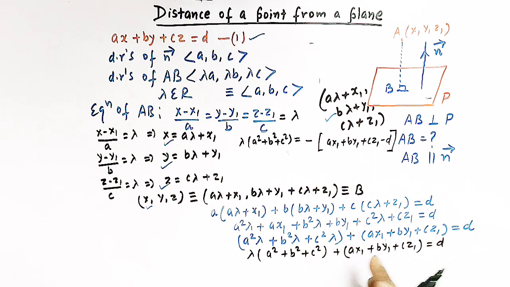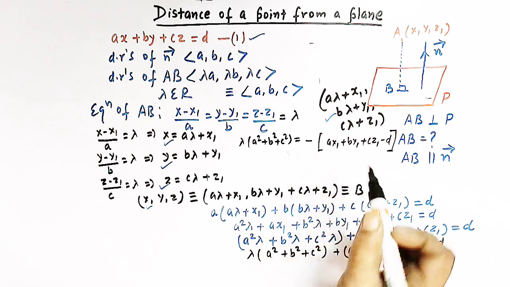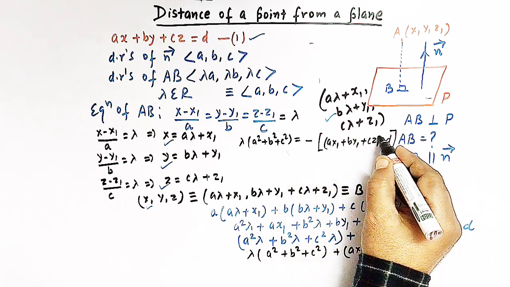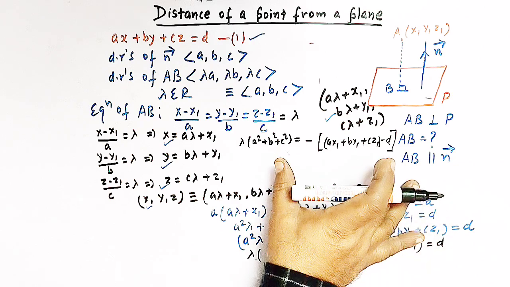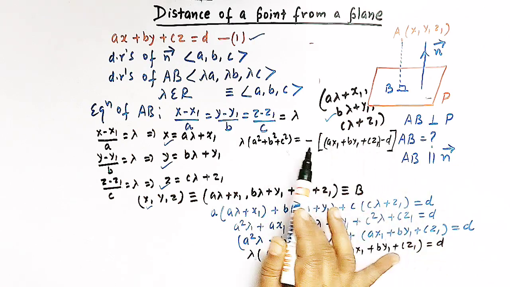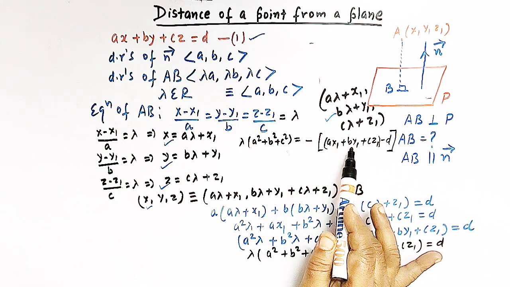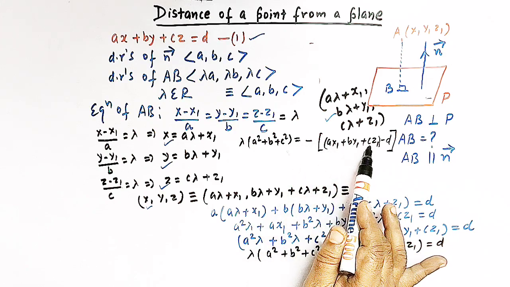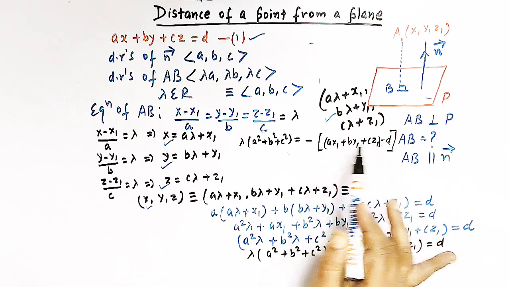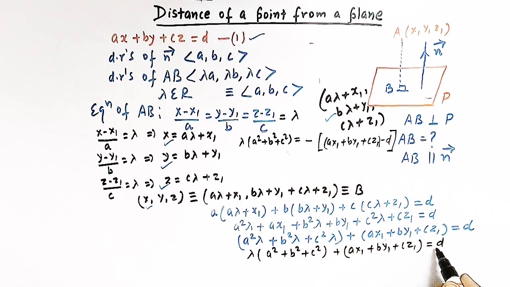So taking this term to the right hand side, and then taking a negative sign common, we can now write this equation like this, because when we multiply these two terms by this negative sign, then we have negative of ax1 plus by1 plus cz1 with brackets, and then a minus, and minus becomes positive, that is here we have a plus d, right?